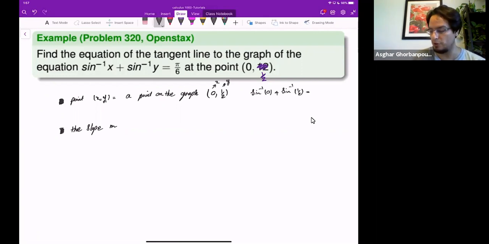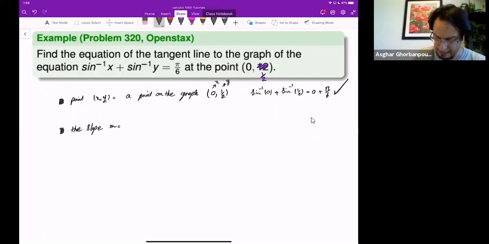Sine inverse of 0 is 0. What is the angle whose sine is 1/2? Well, you have to be careful. You should use an angle in the interval negative pi over 2 to pi over 2, and that is pi over 6. As you can see, it satisfies the equation. Okay, that's just a checking thing.